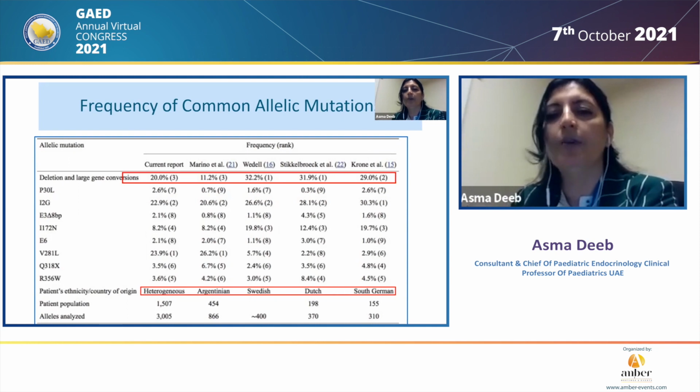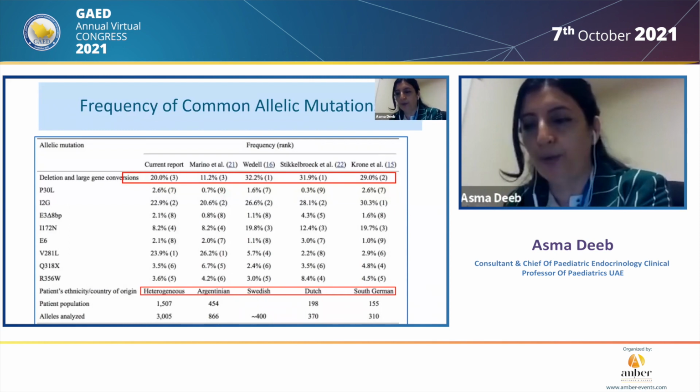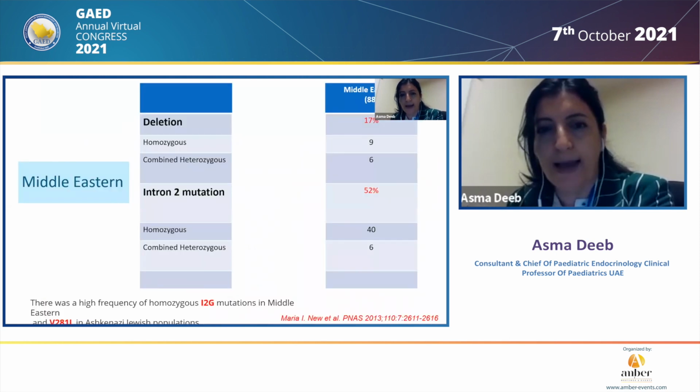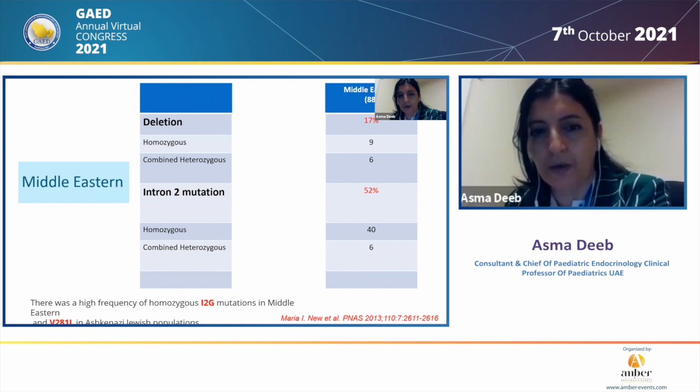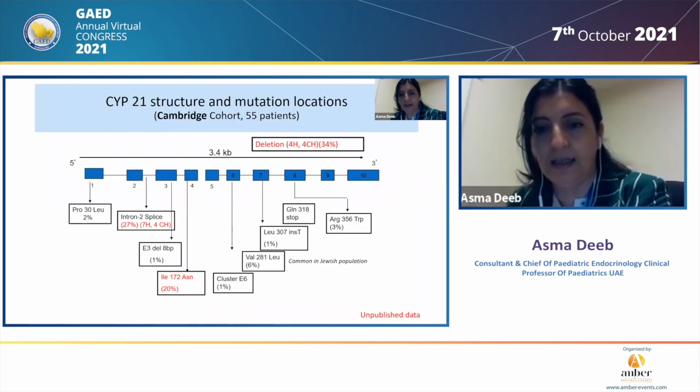There was a huge difference between the type of genetic mutation in different populations. If we look at the Middle Easterners in particular, you can see here in our population, intron 2 mutation is far more common than others, particularly the deletion.